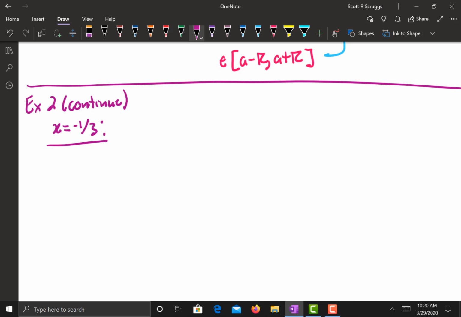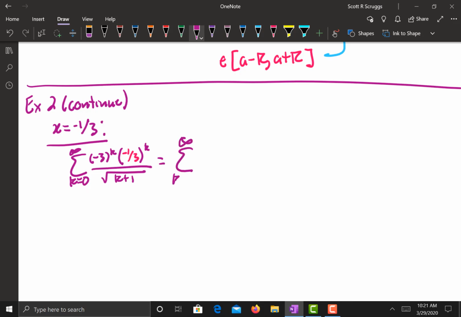So if I plug in negative 1/3 into my original series, I get the sum starting at 0, ending at infinity, of negative 3 to the kth power. Now instead of x to the k, I'm plugging in negative 1/3, so instead of x to the kth power, it is negative 1/3 to the kth power, divided by the square root of k plus 1. Now in the numerator, I have a negative 3 and a negative 1/3, both raised to the same power k.